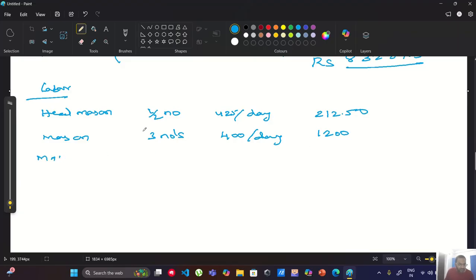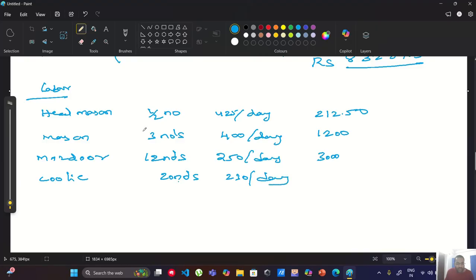And for Mazdoor, I am considering 12 numbers, and the Mazdoor cost is 250 rupees per day, and the total cost is 3000 rupees. And coolie, I am writing coolie here, 20 numbers, and the rate for coolies is 230 rupees, and the value is 4600 rupees.